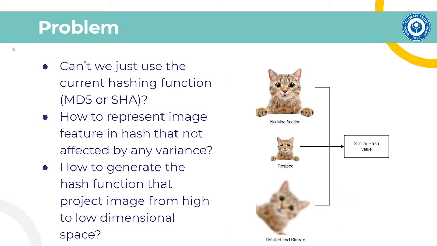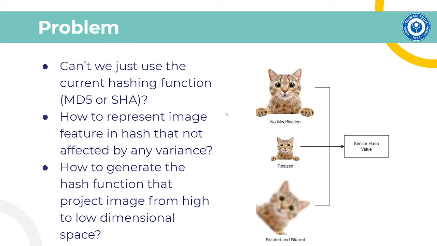The question for hashing is whether we can just use current hashing functions, such as MD5 or SHA, on the image. The answer is no, because if we modify the image and perform the hashing using the current hashing function, the hash will be very different between the image on top and the one on the bottom if we resize the image.